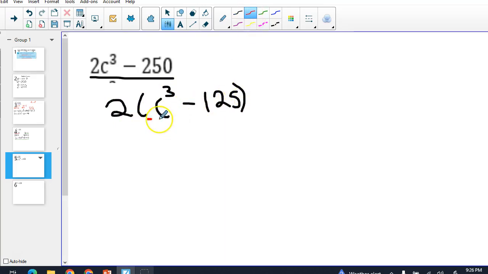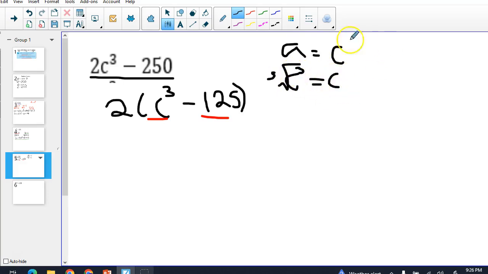And c cubed and 125 are both perfect cubes. We have a difference of cubes, so we're going to have a cubed minus b cubed. Our a is going to be c, because the cubic root of c cubed is equal to c.